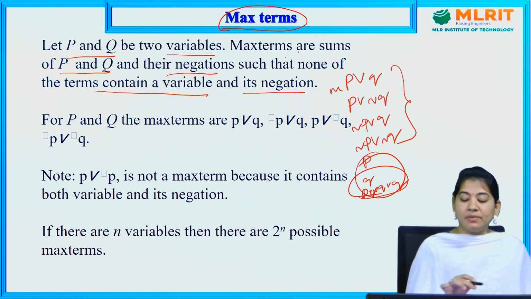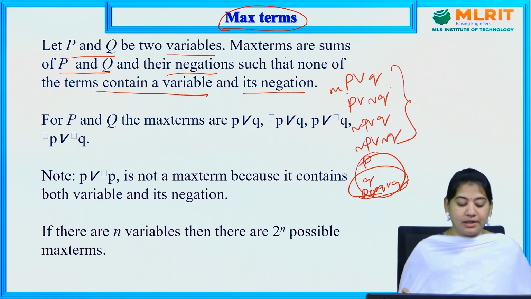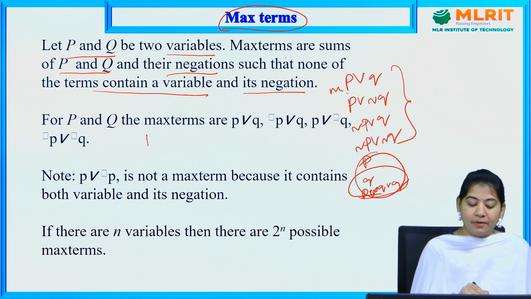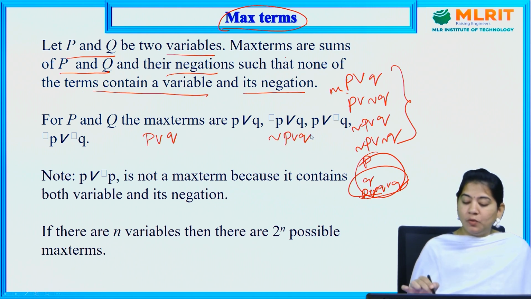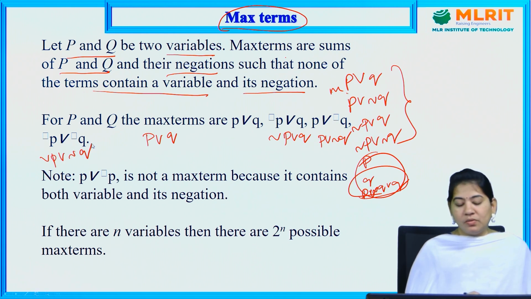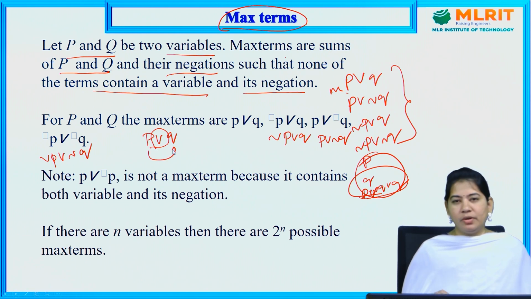So max terms are sums of P and Q and their negations such that none of the terms contains a variable and its negation. For P and Q, the max terms are P or Q, negation P or Q, P or negation Q, negation P or negation Q. You should have only and exactly two variables, and a variable and its negation is not accepted here.